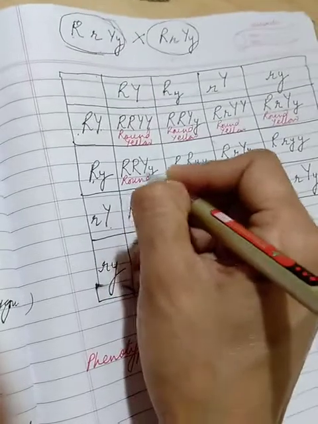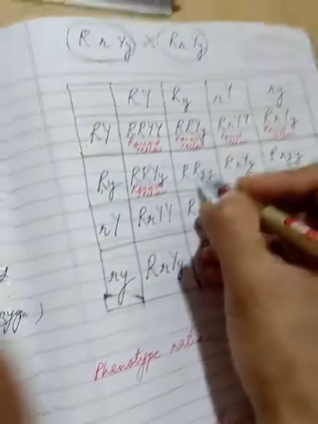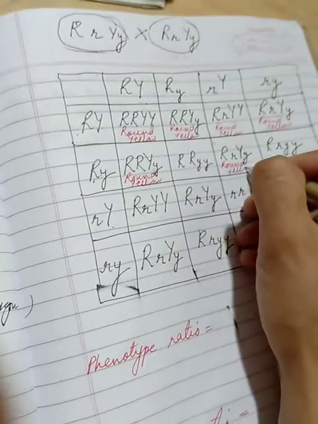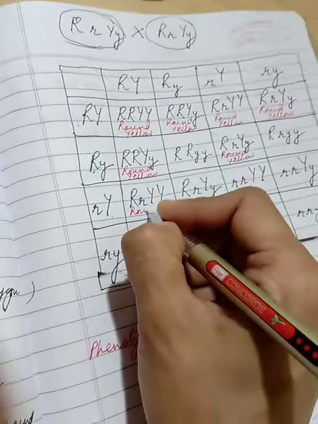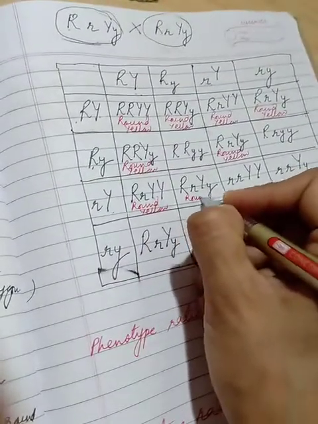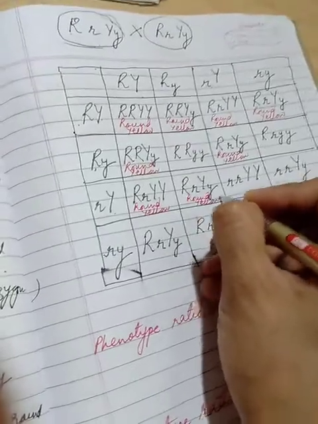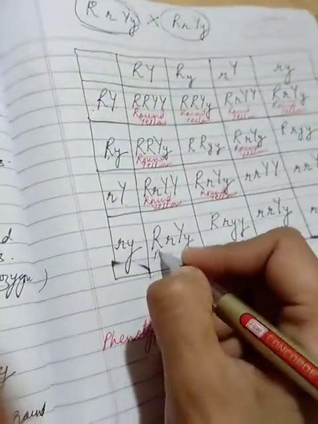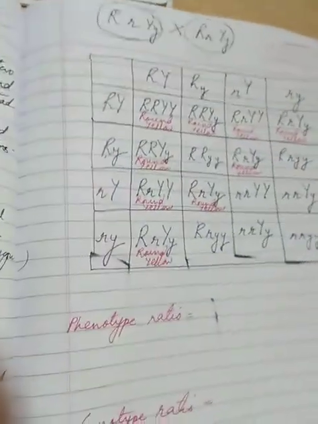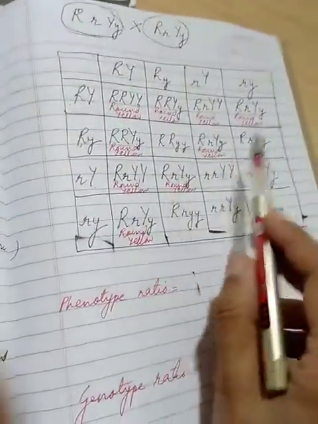Once again round yellow. This will not be, so this will be again round yellow. Even this won't be, so leave it. This is also round yellow, and this also is round yellow. See any other? Yes, this one. So round and yellow.